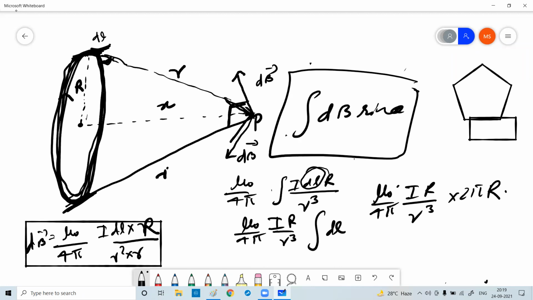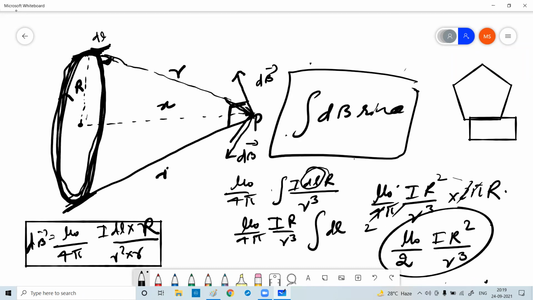So now can we cut 2 here? And R square is there, and pi is also cancelled. So what you are left with? Mu naught by 2 I R square by R cube. Is this the one which we got?